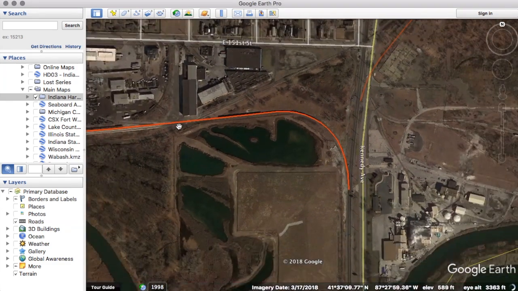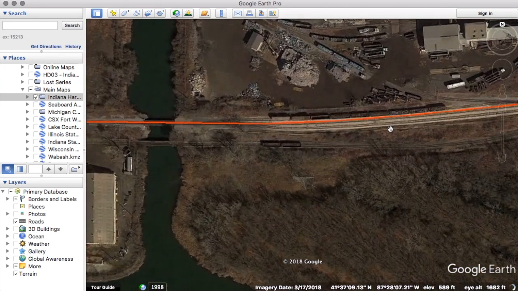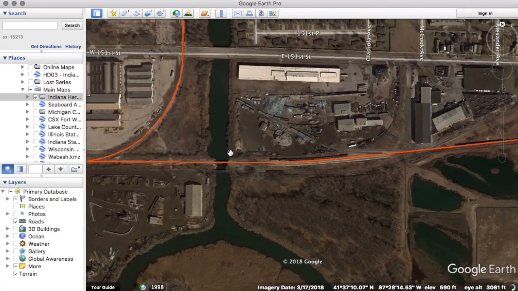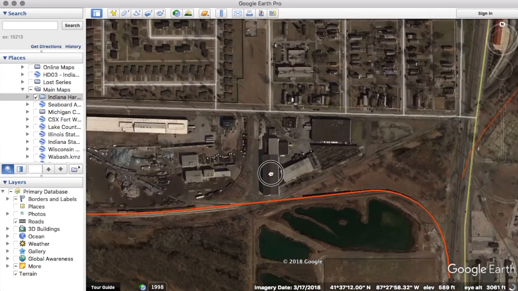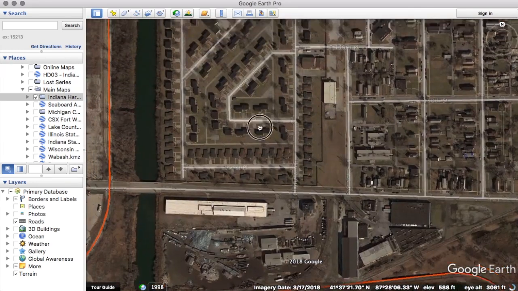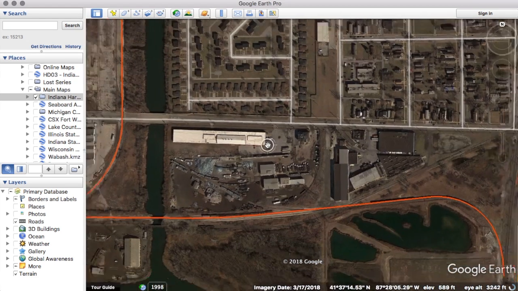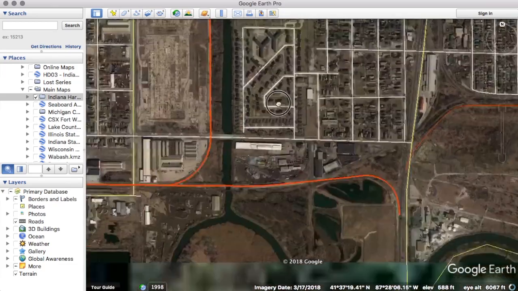Now this is an industrial spur. I'm not really sure if you would want to call this a team track or not, but this spur served a lot of businesses in East Chicago and Hammond here. You see me coming through the Calumet neighborhood. As you all know, these projects are in the process of being demolished because of the lead smelting, the lead disaster that was going on in East Chicago.